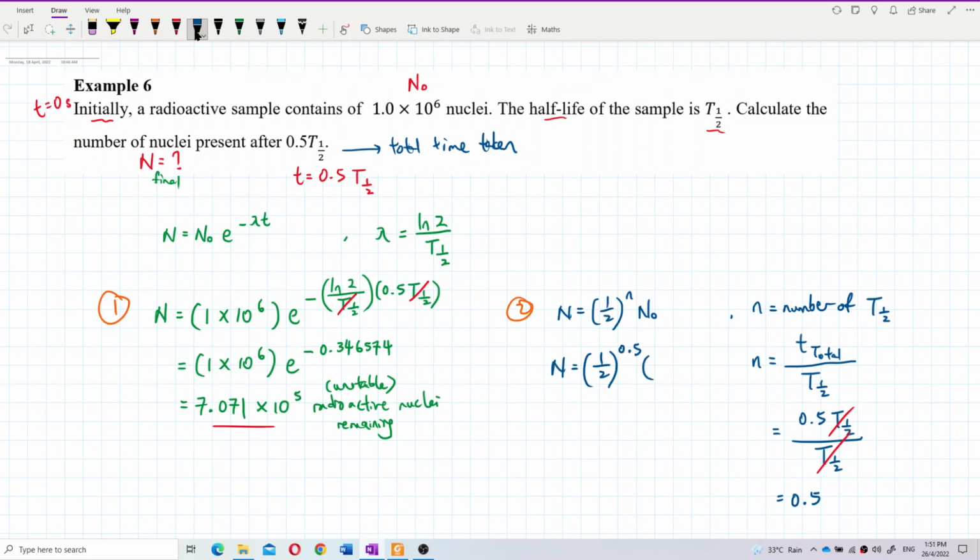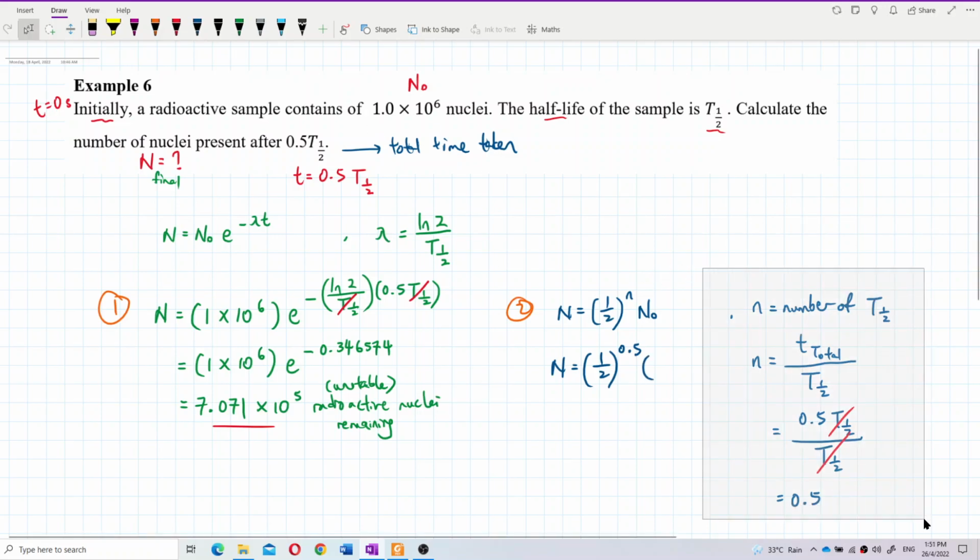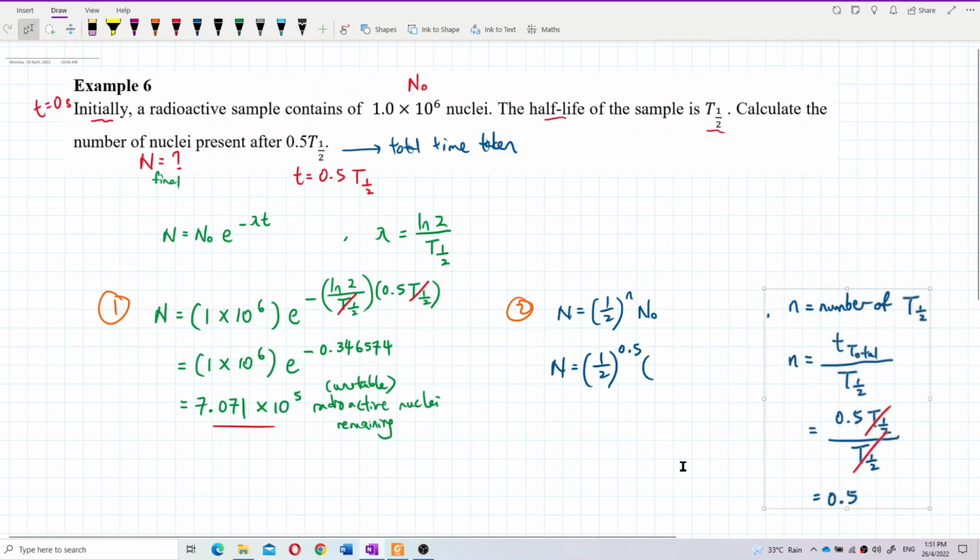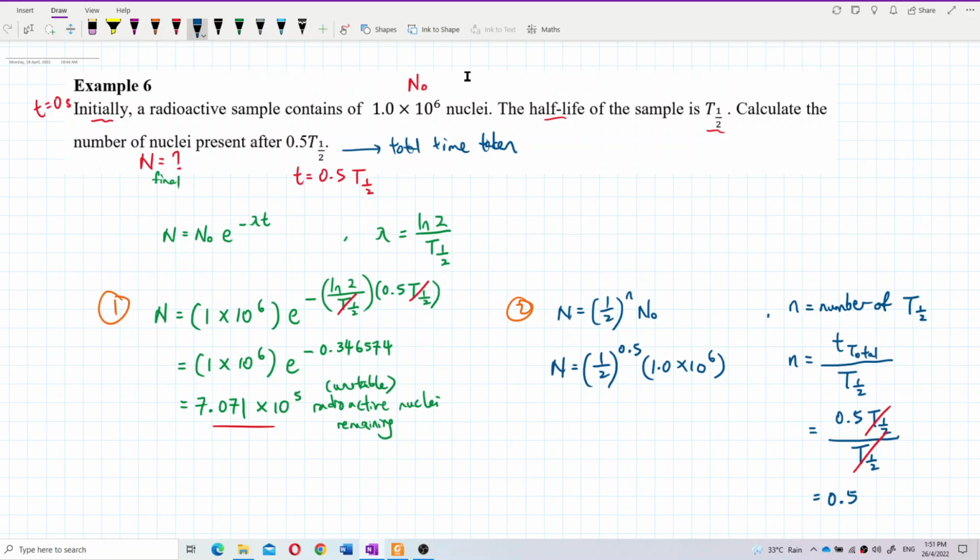And what about N naught? Now for N naught, just put the value 1 exponent 6. And now calculate, see whether I can get the same answer.